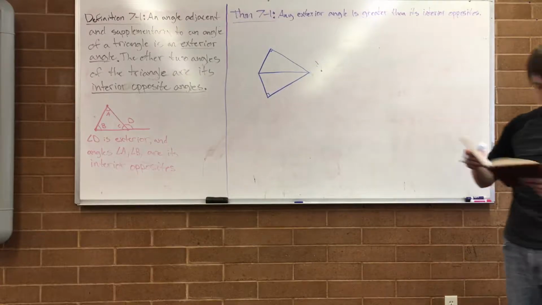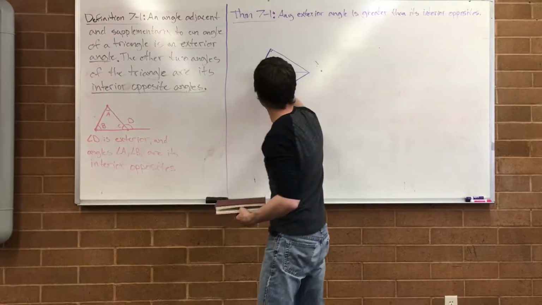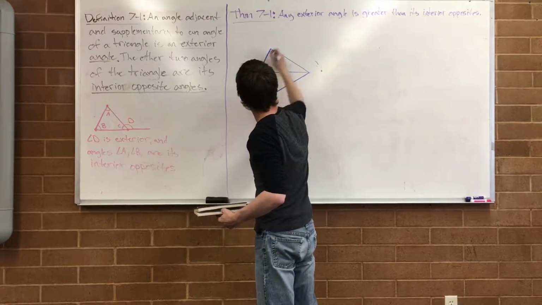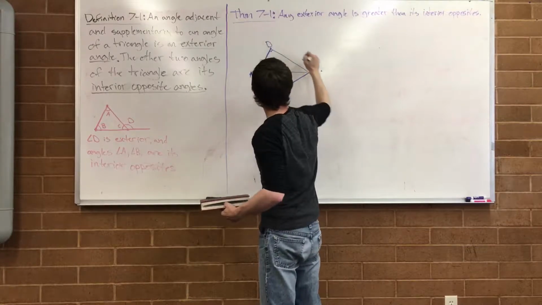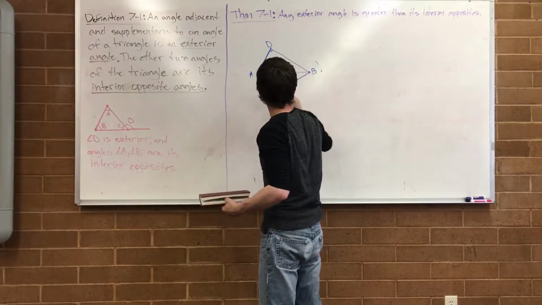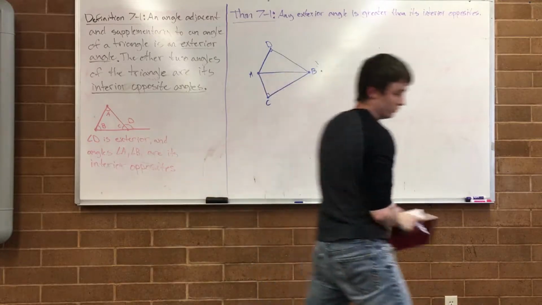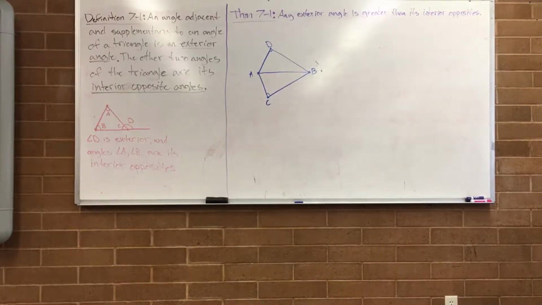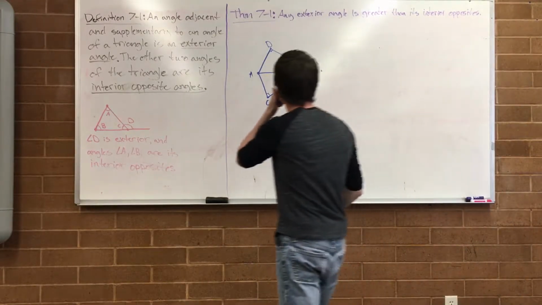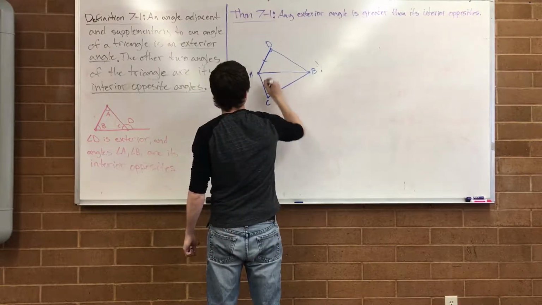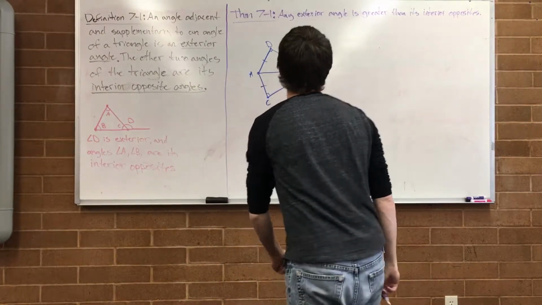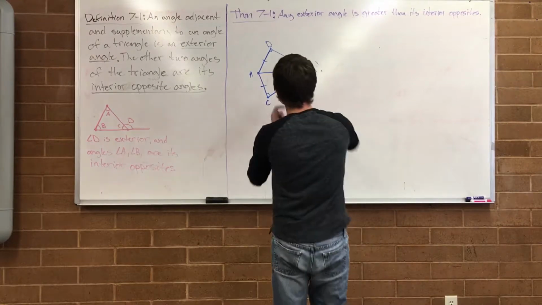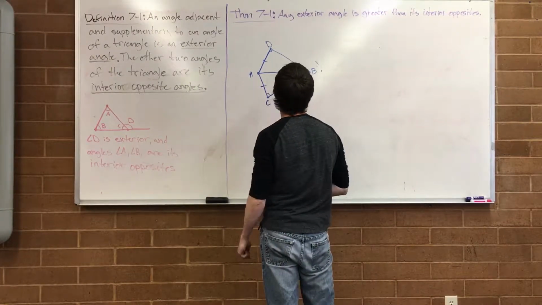A, D, B, C. And then we know those are right angles, and AD is congruent to AC. We're trying to prove that these two triangles are congruent.